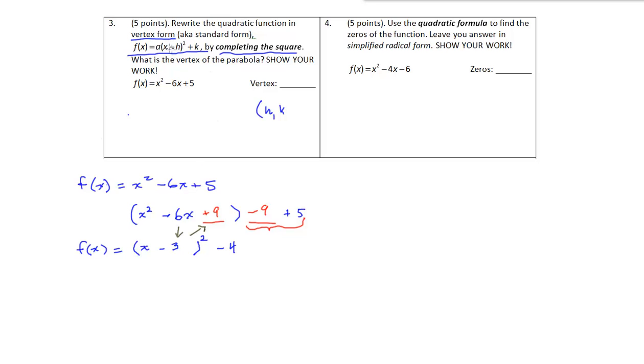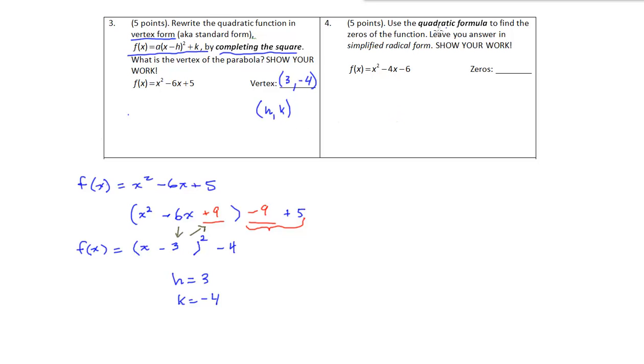And notice it's x minus h, so h is equal to 3. K, it's a plus k, so that stays the same. K is equal to negative 4. So our vertex is (3, negative 4). You could graph this, and you would be able to verify that that's where the vertex is located.